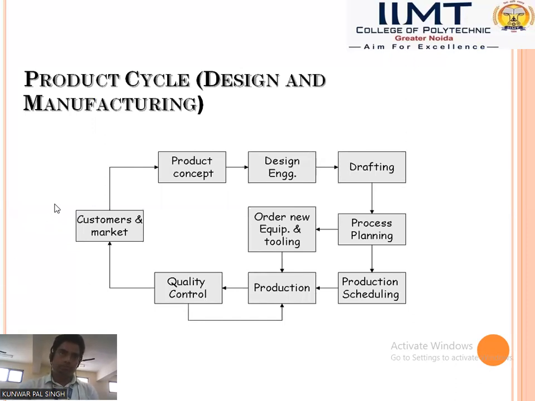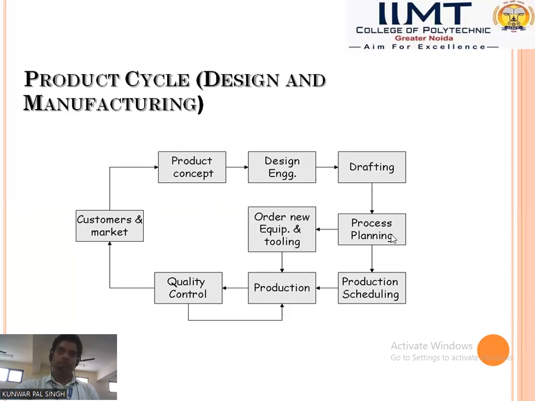So this cycle starts from the product concept. We do the design. Then we do the drafting. Then we do the process planning and the production scheduling. In process planning, we order new equipment and tooling. The tooling and equipment depend on the type of product.